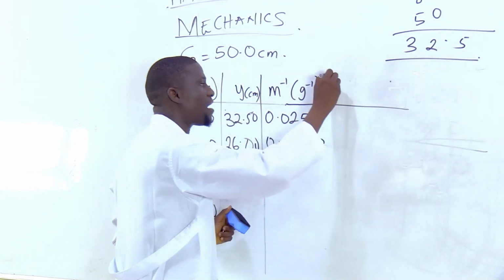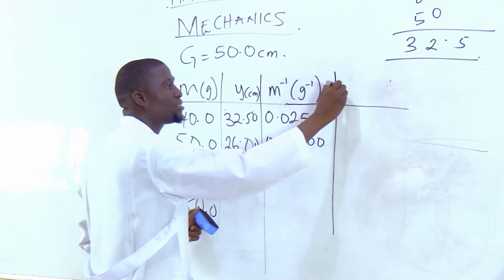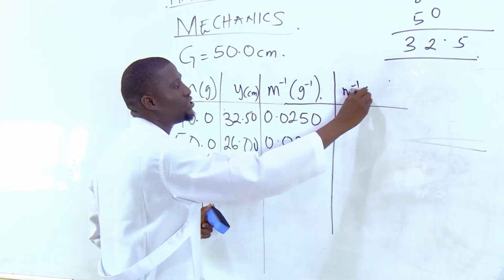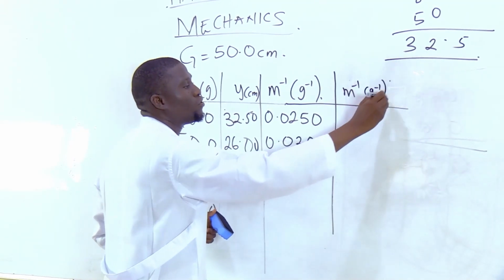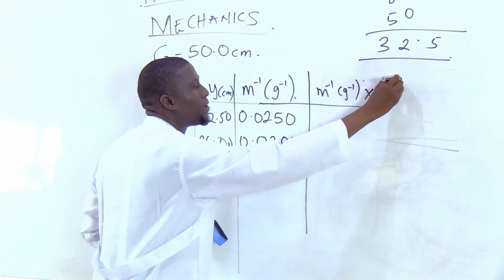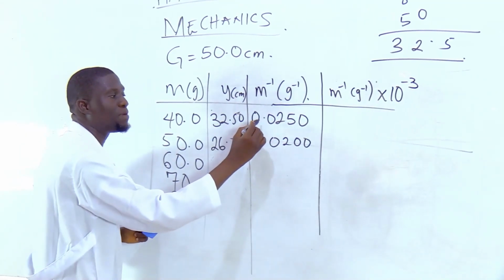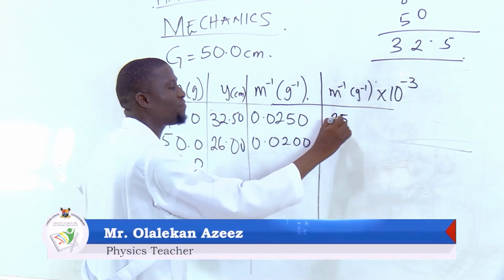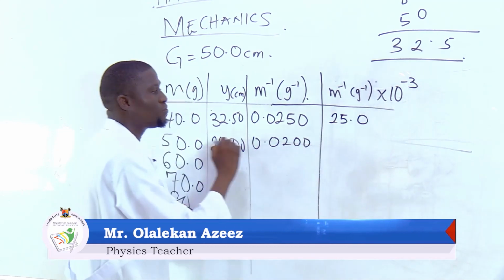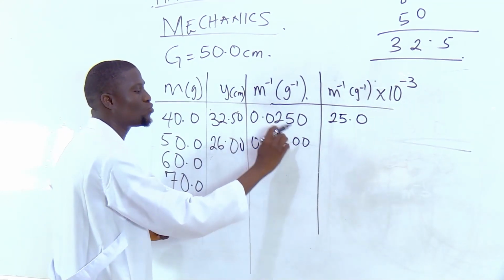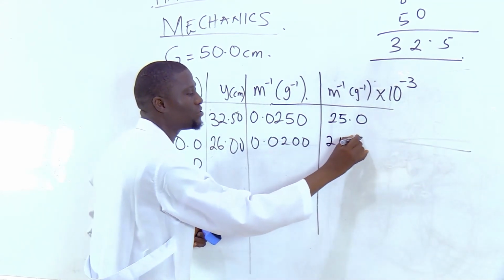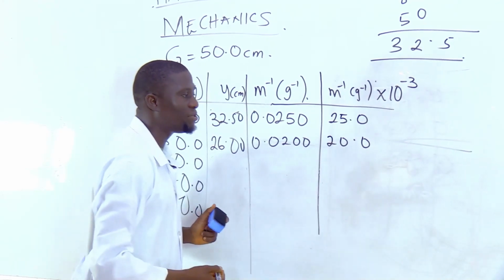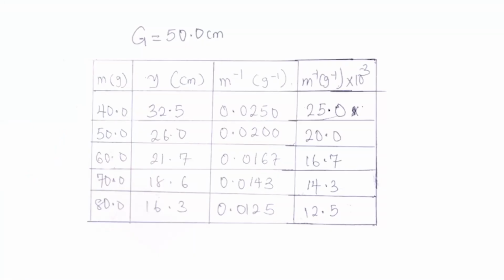So I extend this and put m inverse, g inverse, close, times 10 raised to power minus 3, because I'm shifting the point backward. 1, 2, 3. This one will be 25.0. This will be 1, 2, 3, 20.0. Like that for the other readings as shown on the screen. After this, the next thing we are going to do is to plot the graph.